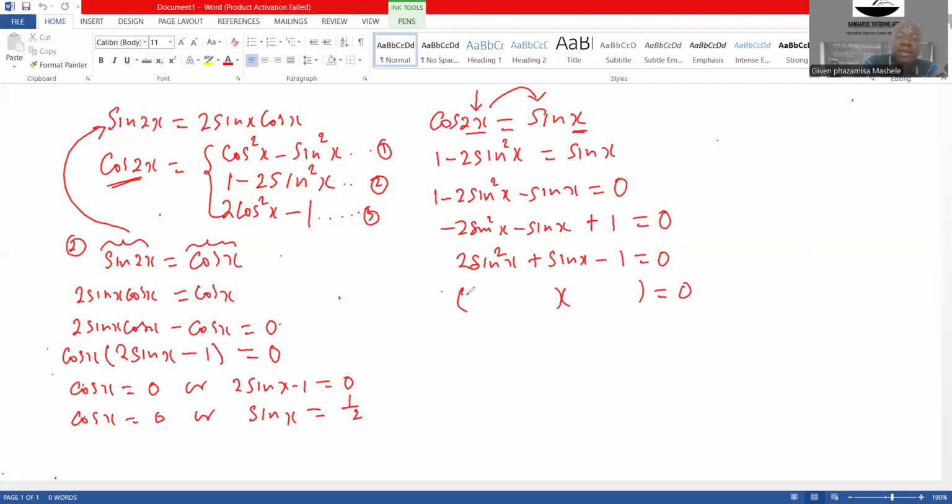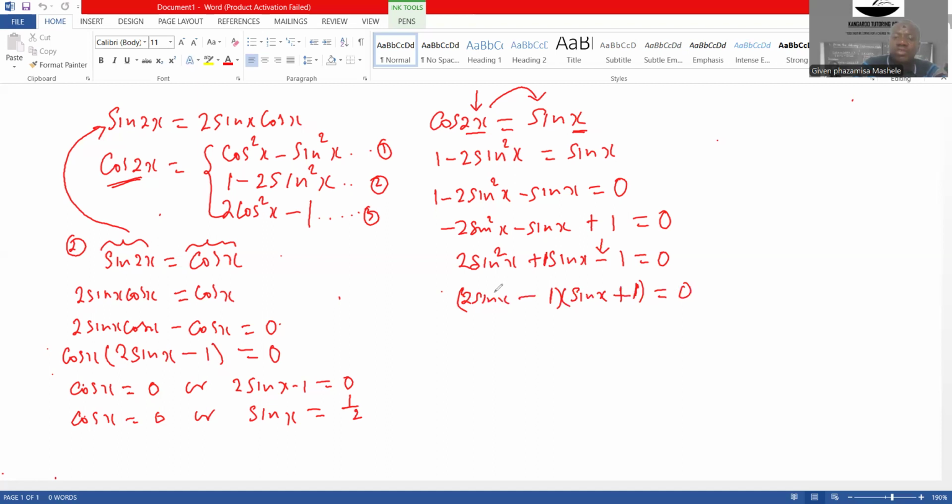This becomes 2 sine x and sine x. Factors of 1, we have 1 and 1. We want the middle term to be plus sine x, but when you multiply the signs they have to give us a negative, so we have to use opposite signs. So we're going to have plus here and minus here.